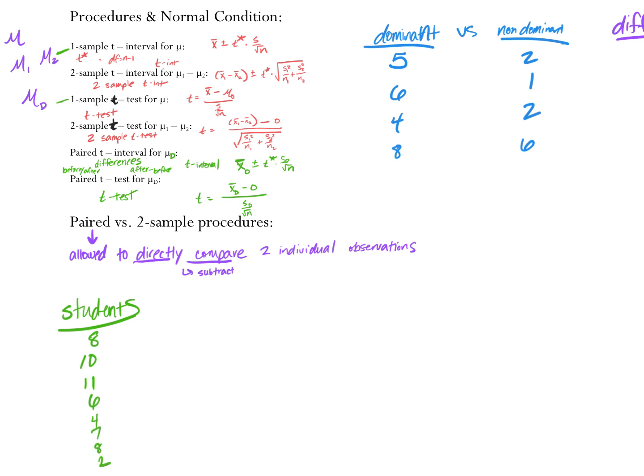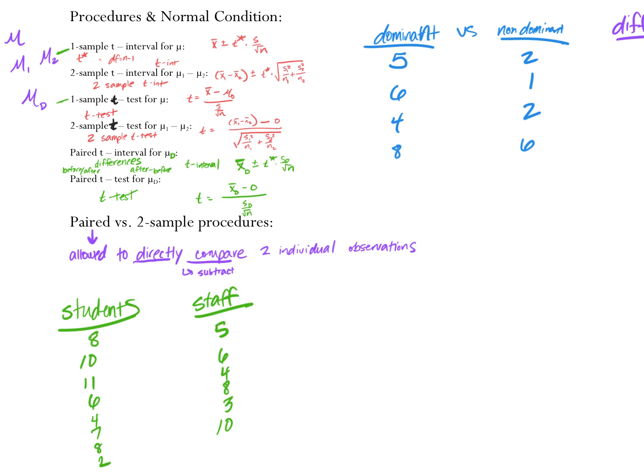And then I also asked some staff members. So I have my 5, 6, 4, 8 from the math department, but then I go and ask Mr. Wapner, and he can do it 3 times, and then Dr. Lee can do it 10 times, and so on and so forth. As I look at this one, there's no reason to directly compare this student to this staff member.